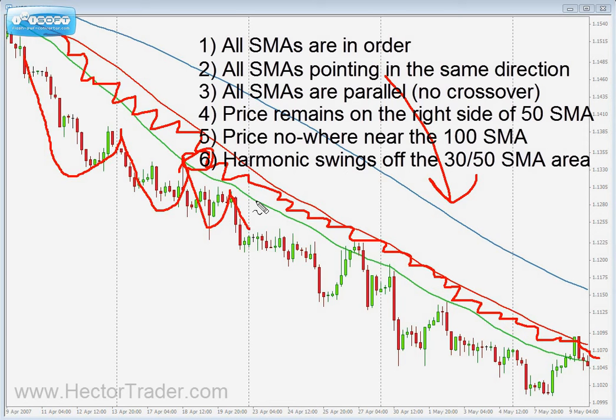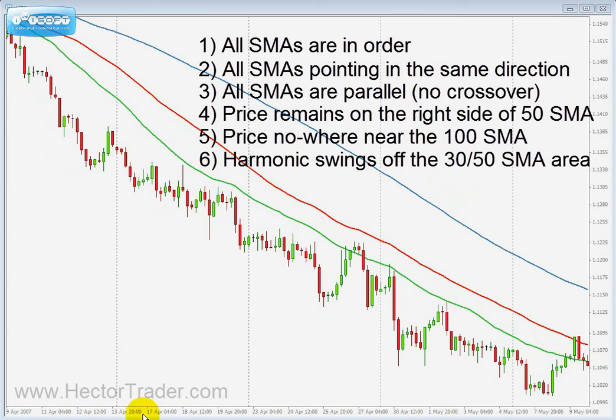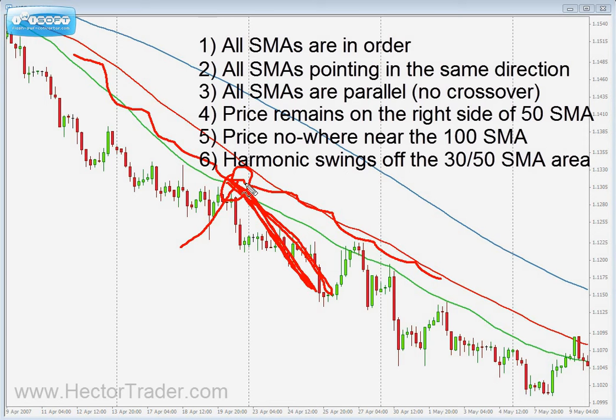Okay, I like, for example, price retraces back to this area. This dynamic area of resistance holds the price below, and from there a whole new swing takes off in the direction of the trend.